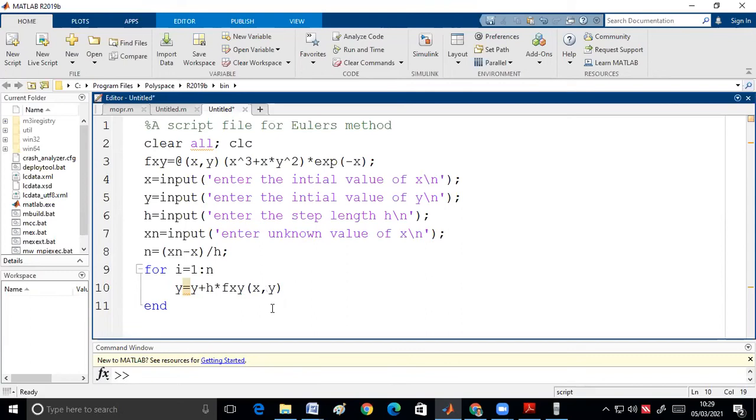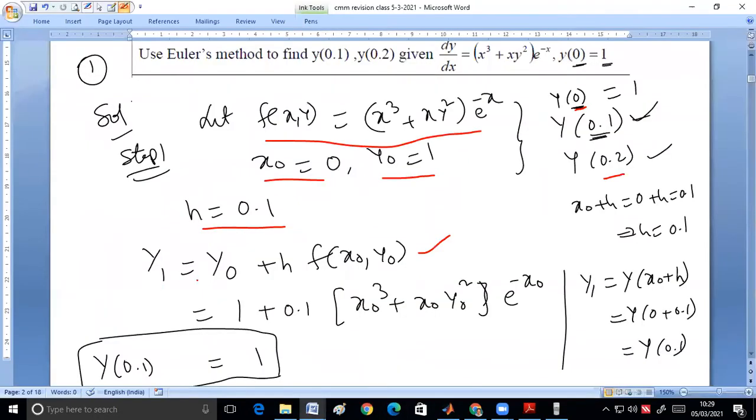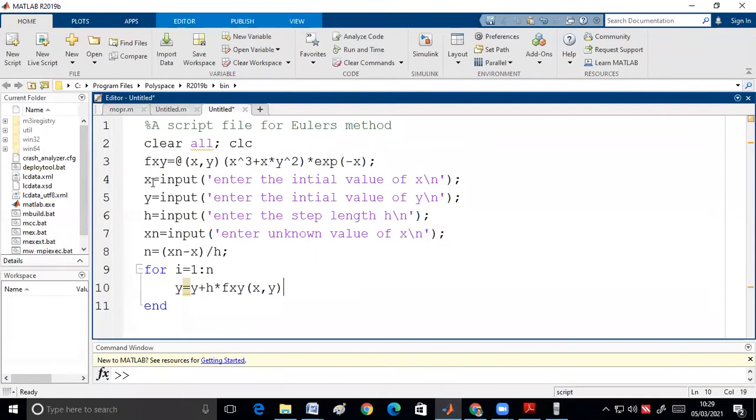Okay. Now observe this one. So very simple program. Here we are using y equals to y naught plus h into f of x comma y naught. In place of x naught, y naught, we have assumed x comma y. After finding this value, it is stored in y. Now what about the new value after finding this value?